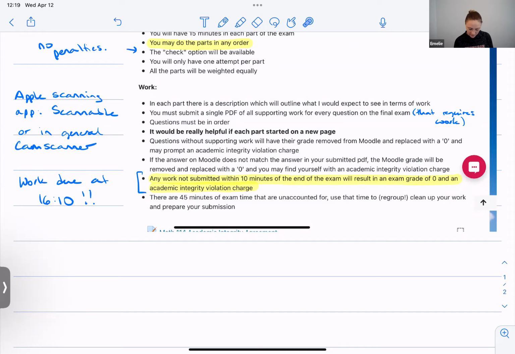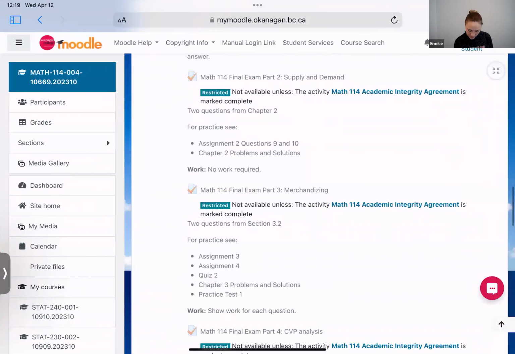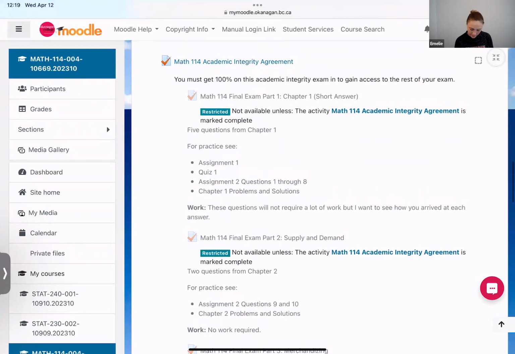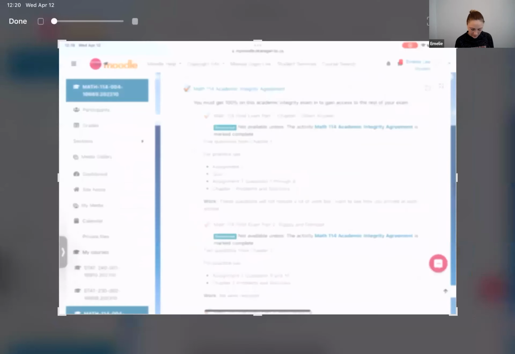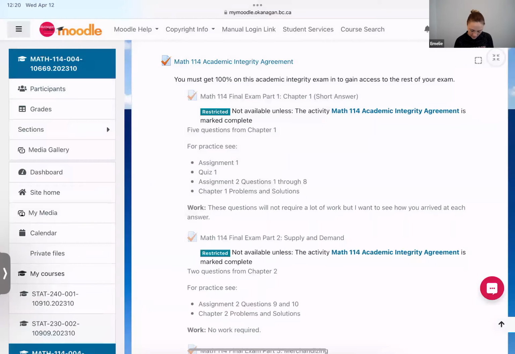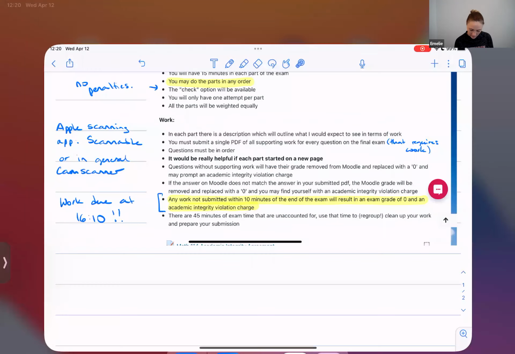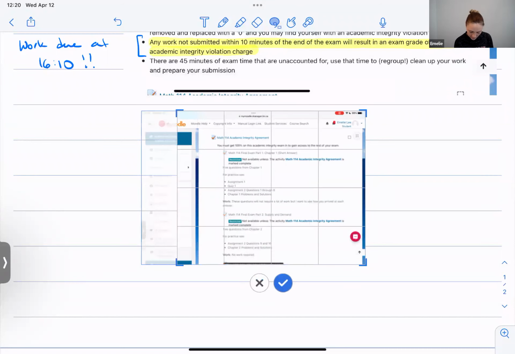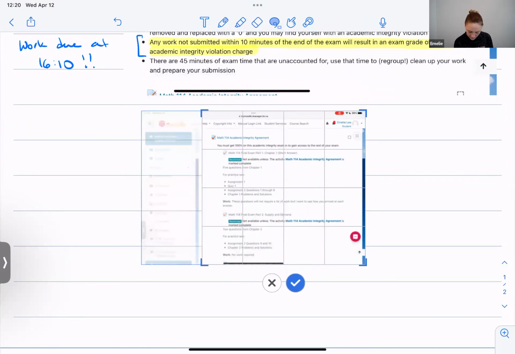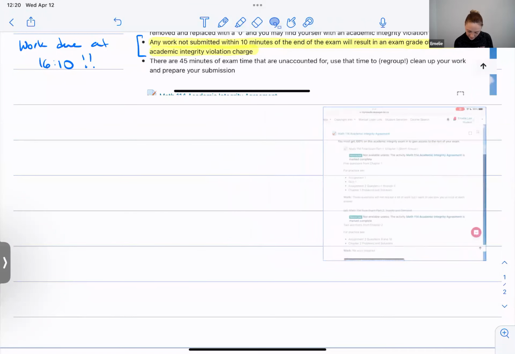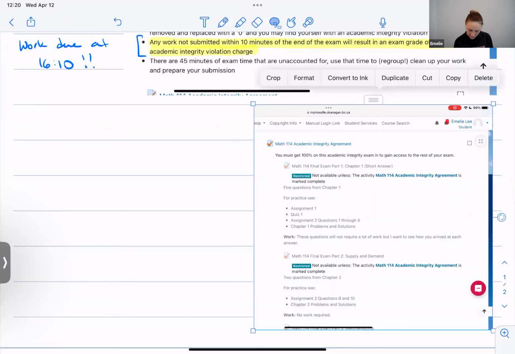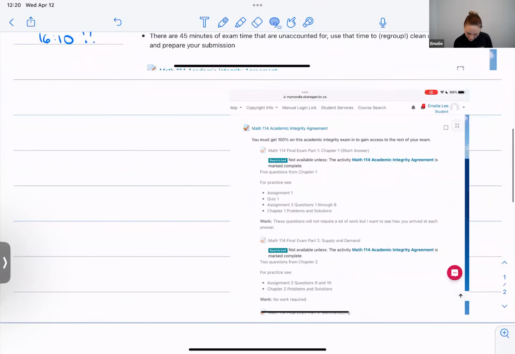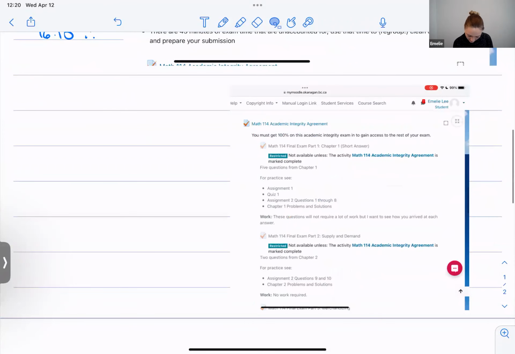All right. So let's see here. What's the next part? Uh-oh. Run out of room. I'll crop it.